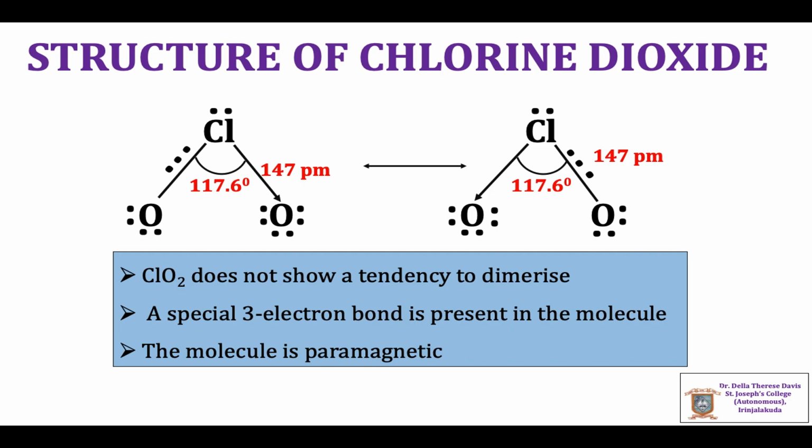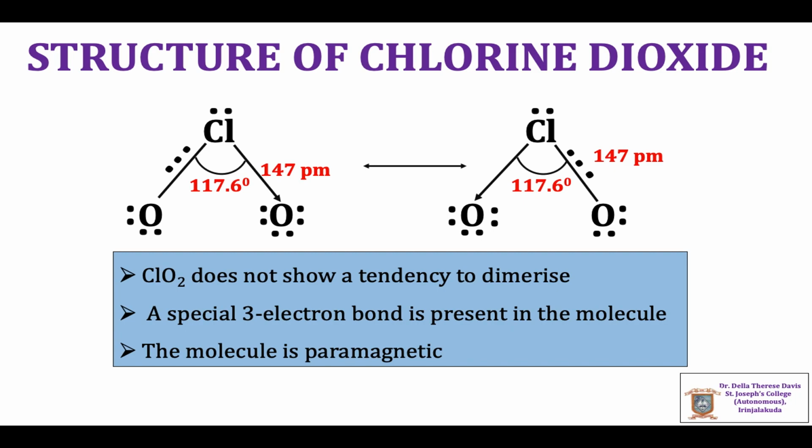This is an odd electron molecule, and it has a special 3 electron bond and the extra odd electron resonates between two ClO bonds as shown in the figure.